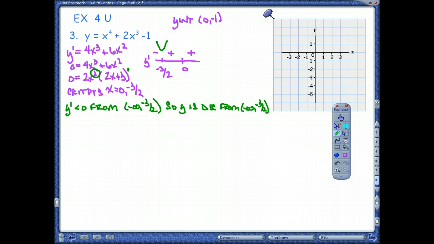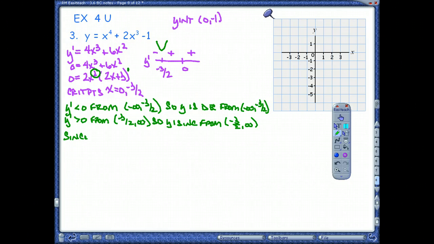Putting it all together means writing everything out. So my first derivative is positive from -3 halves all the way to positive infinity. I can say this interval all in one since 0 is a point on my graph. So y is increasing from -3 halves to positive infinity.